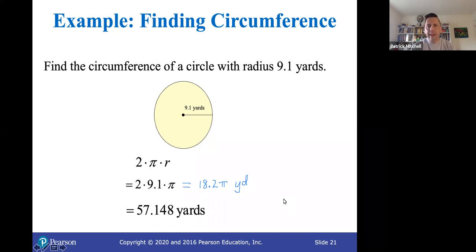If the directions say to use 3.14 as an approximate value for pi, then that's what you want to do. Not the pi button on the calculator in that case, because if you use the pi button on the calculator, it's going to use the whole 3.14159265. And actually, your answer will be more accurate, but the online homework may mark it wrong because it's not the answer they're expecting. Okay, it's just one of those things with online homework.